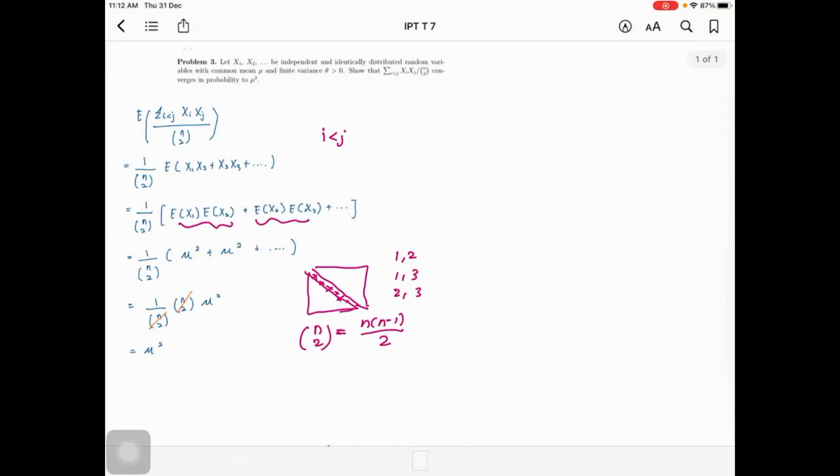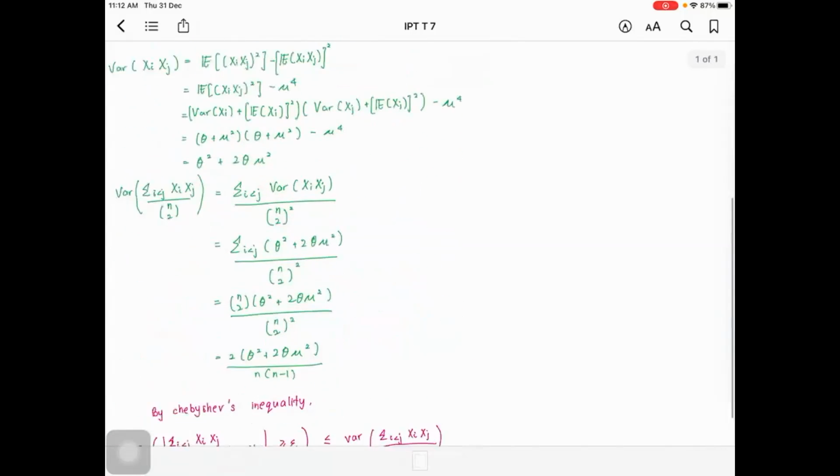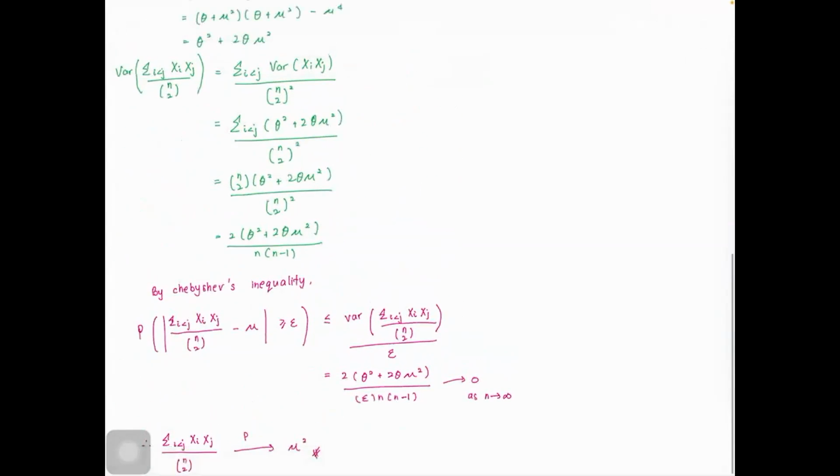So we know that generally we're going to use Chebyshev to do this. Because the thing that I want to prove is actually the left hand side of the Chebyshev inequality. But then we got to make sure that the mu squared here is the expectation, right? Because Chebyshev's inequality says that it is the expectation. So we have to demonstrate that first, right?